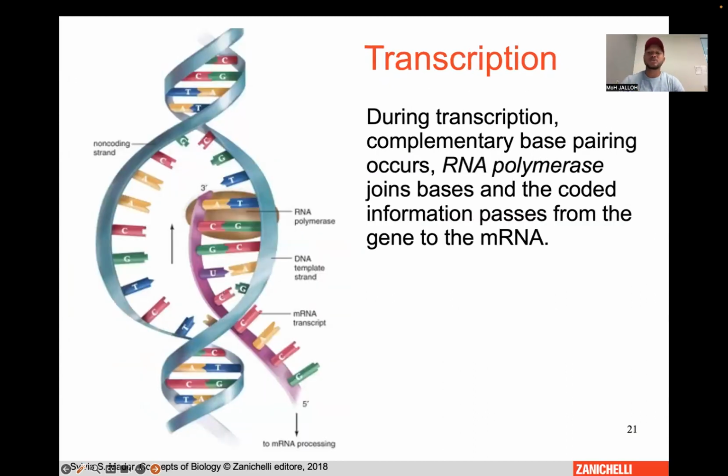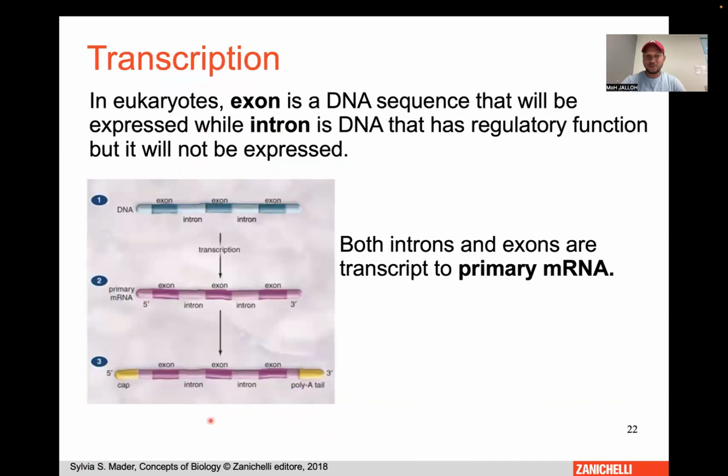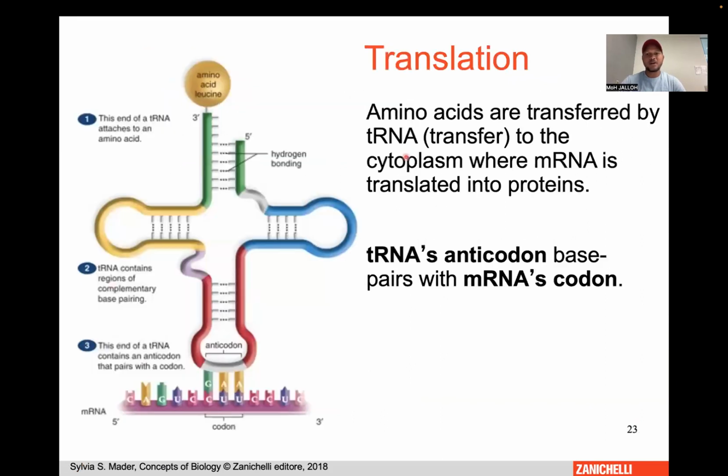During transcription, complementary base pairing occurs. RNA polymerase joins bases and the coded information passes from gene to mRNA. We have the transcription process right here. We have the introns, that is, post-transcription modification. We have the translation.